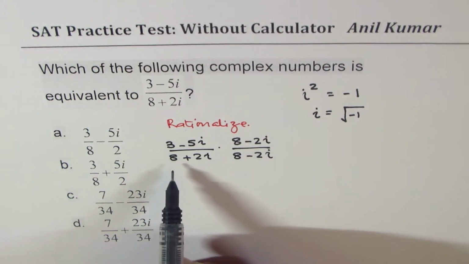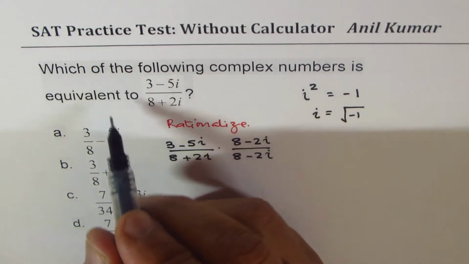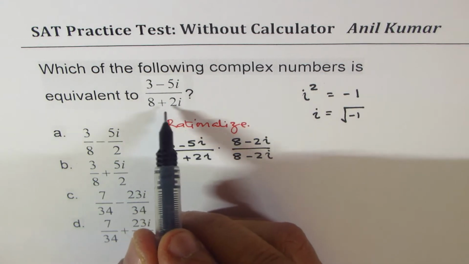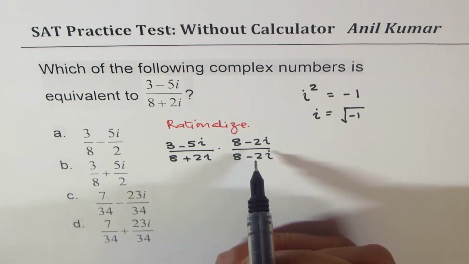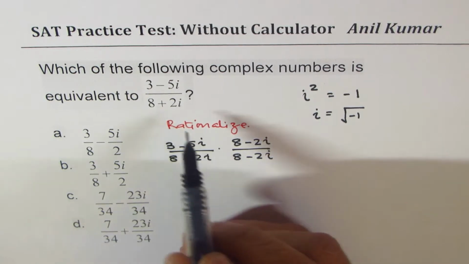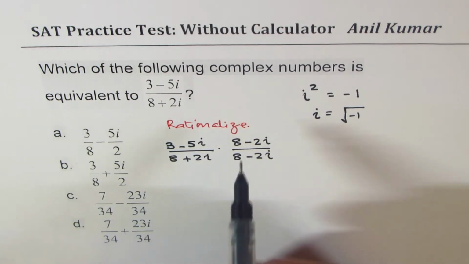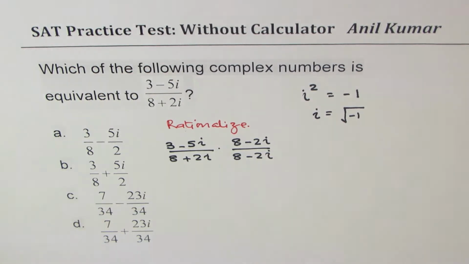Some of you can factor the denominator, rewrite it as 4 minus i, so you'll be working with smaller values, correct? I haven't done it purposely, but some of you can and save more time in calculations.